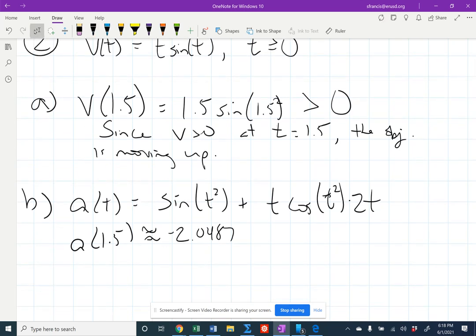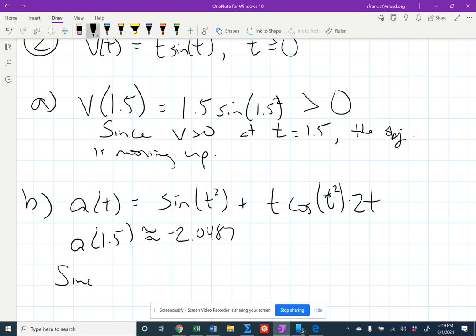Now, they didn't ask is the object speeding up or slowing down. They ask if the velocity is increasing or decreasing. That's a different question. A lot of you mixed up speed and velocity here. Speed requires knowing if the velocity and acceleration have the same sign or different signs. Here, just ask, is the velocity increasing or decreasing? I just need to know if its derivative is positive or negative.